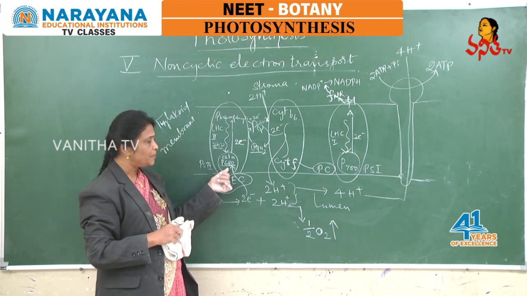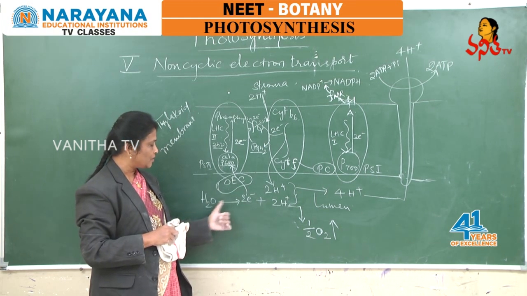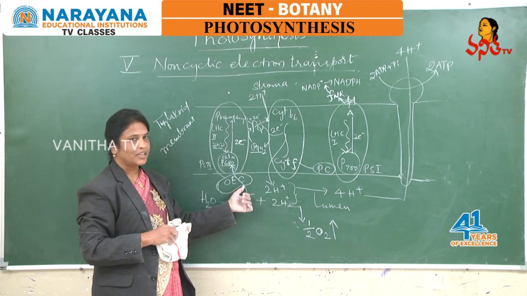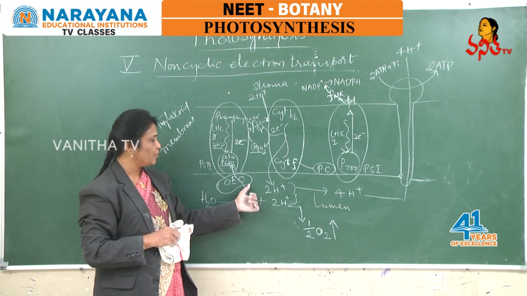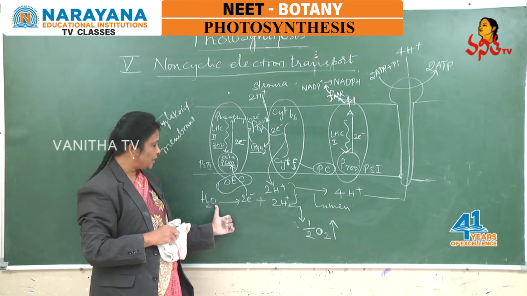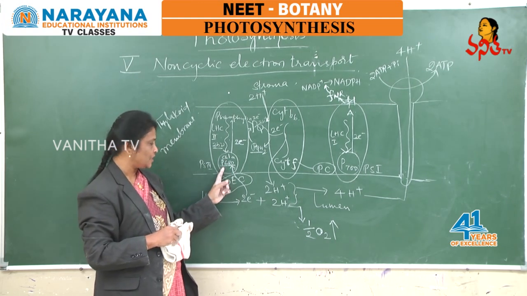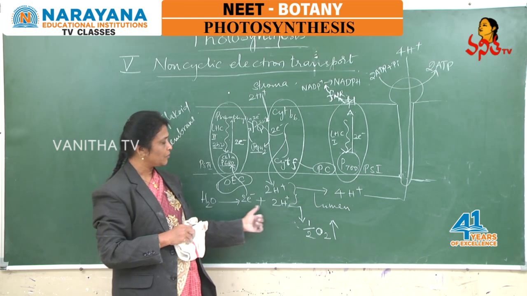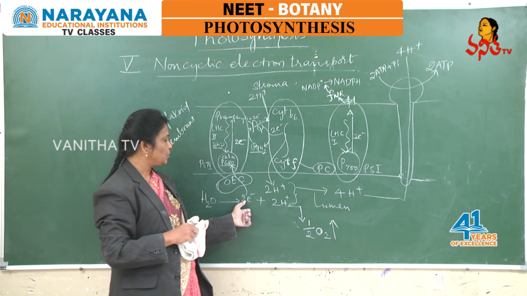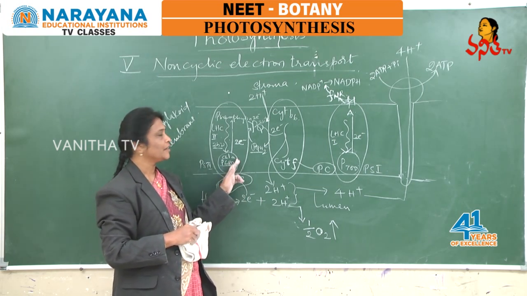So that excited P680, which is a strong oxidant now, stimulates the splitting of water molecules to get electrons through the OEC complex, the full form of OEC being oxygen evolving complex, as it is stimulated by excited P680. So water splits into 2 electrons, 2 protons, and liberates half a molecule of oxygen, and those 2 electrons through OEC are received by excited P680 and it attains ground state.